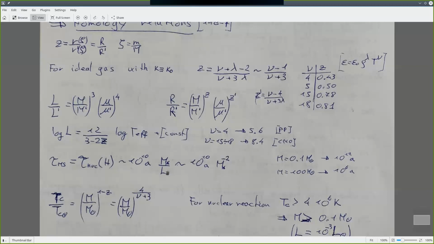This is because the time on the main sequence depends on how much fuel you have and how much energy you are emitting during the main sequence.